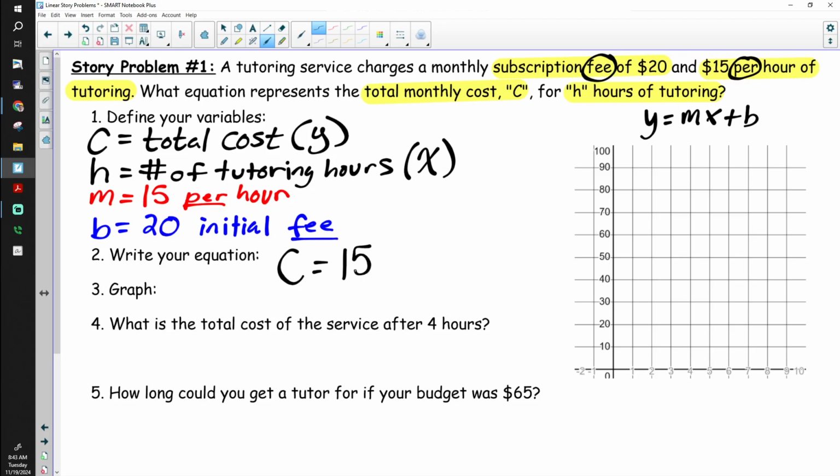Instead of x, we're going to use the variable H, plus our b, plus our initial fee, and our initial fee was 20.